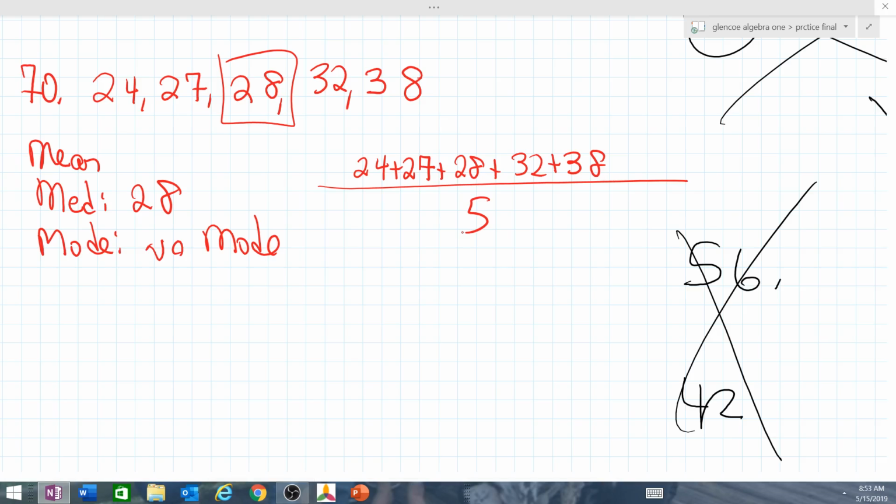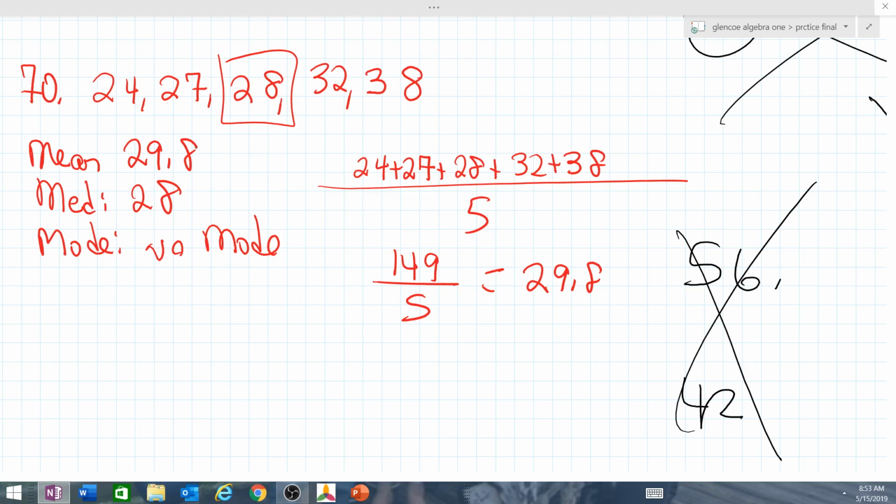Why don't you do it again? Plus 27 plus 28 plus 32. It's easy to hit a wrong number. I get 149 divided by 5. I get 29.8. So I have a mean of 29.8. I have a median of 28, and I have no mode.